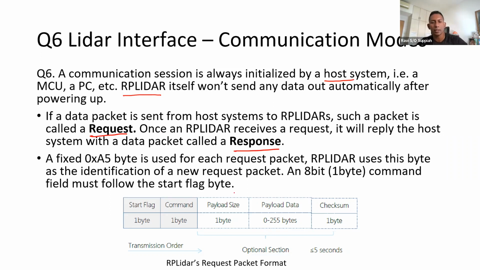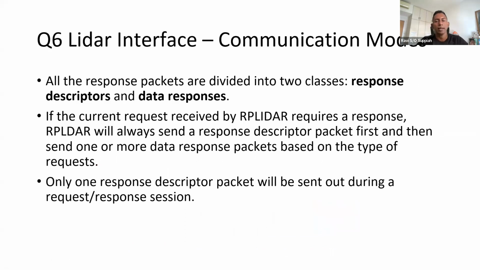Whenever I send a request, I always start with a fixed byte, which is A5, followed by the command, what I want the LIDAR to do for me. Subsequently, when the LIDAR responds back, it is always broken up into two parts: the response descriptor and the data response.